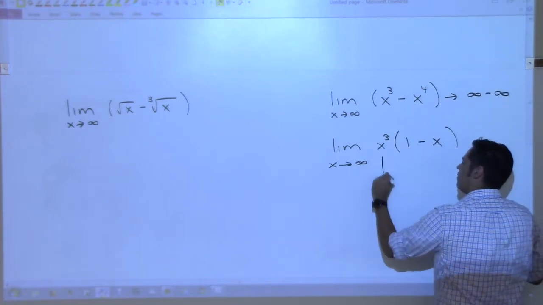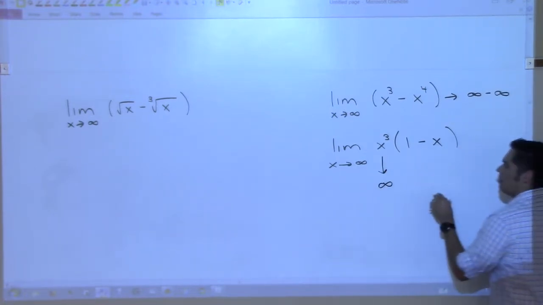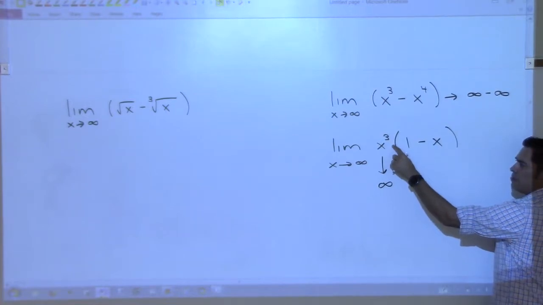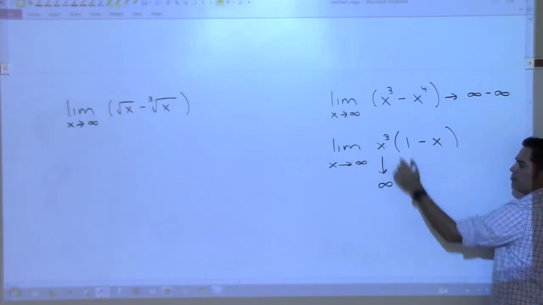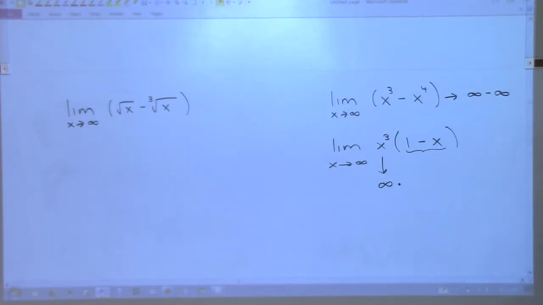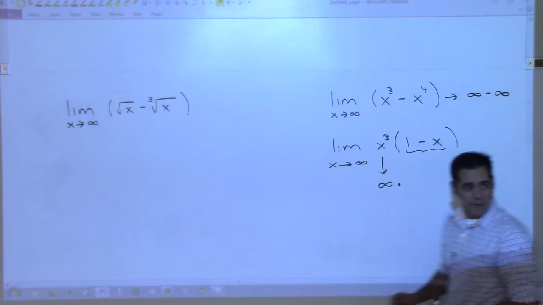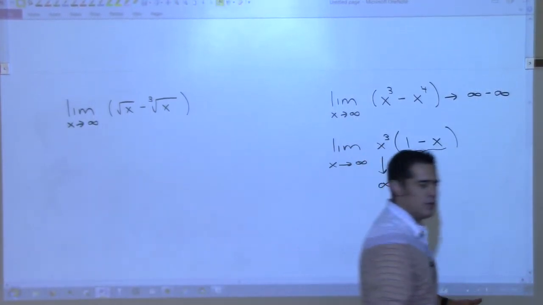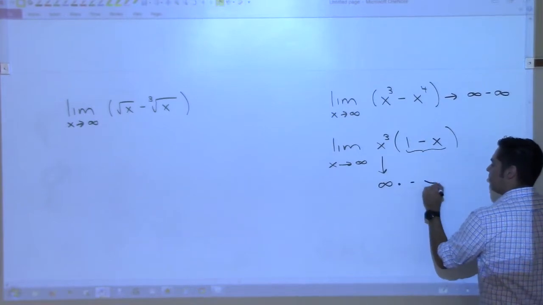So this is headed to infinity. Let's keep going, Aaron. This is what operation between the x cubed and this parenthesis? Multiplication. Okay, now what's this headed towards, Aaron? Negative infinity, right? 1 minus a huge number is going to be a negative number. It's going to be huge. So this is headed to negative infinity.